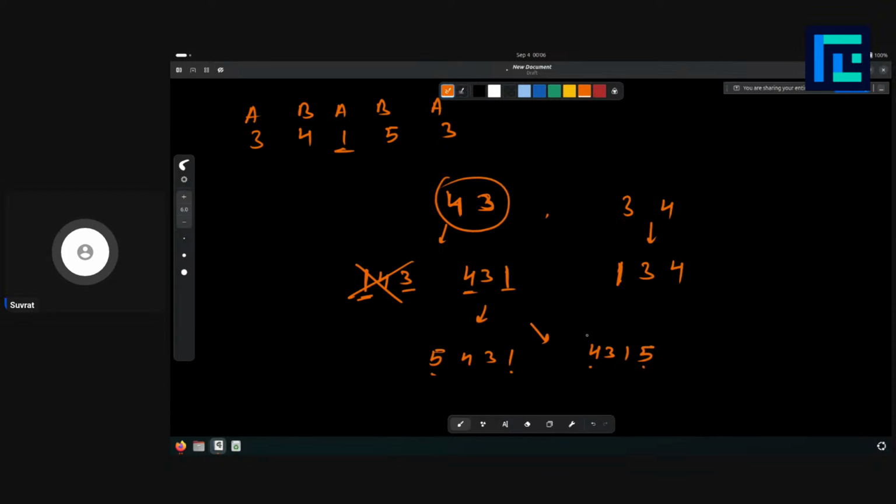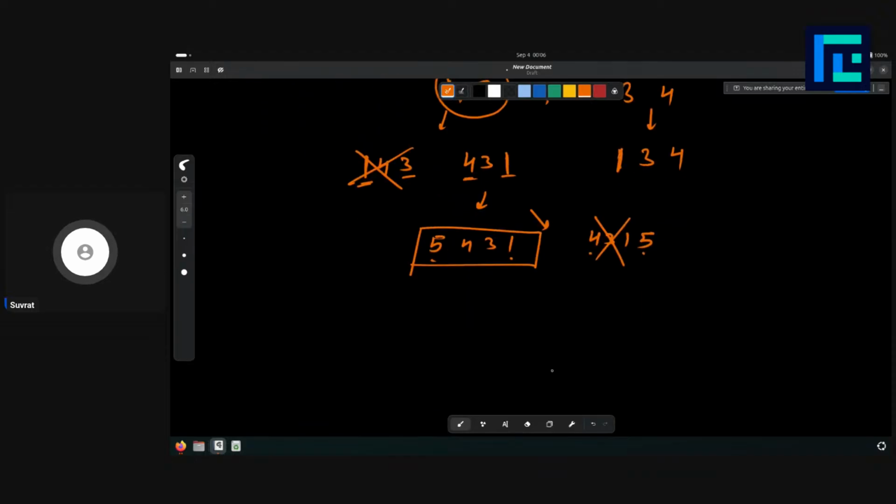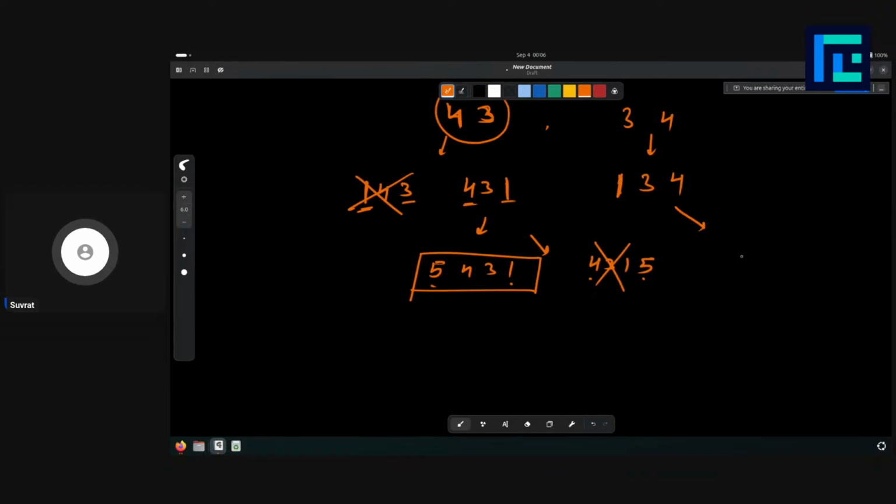So clearly Bob doesn't want to increase the border elements, right? Because it wants to decrease the final score. So there is no good in putting a greater element at the border. So basically Bob would be following this path and ignoring this. Also symmetrically in this case Bob would place 5 here, 5, 1, 3, 4.